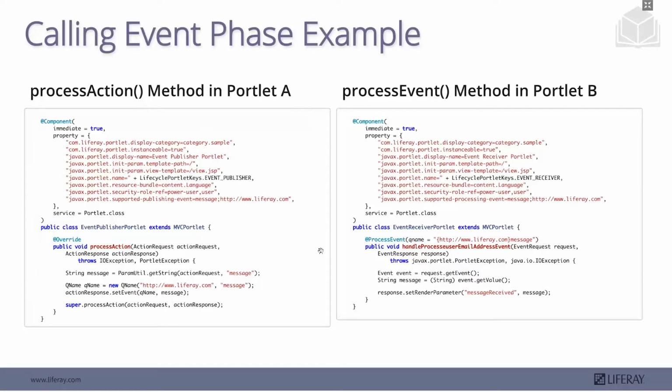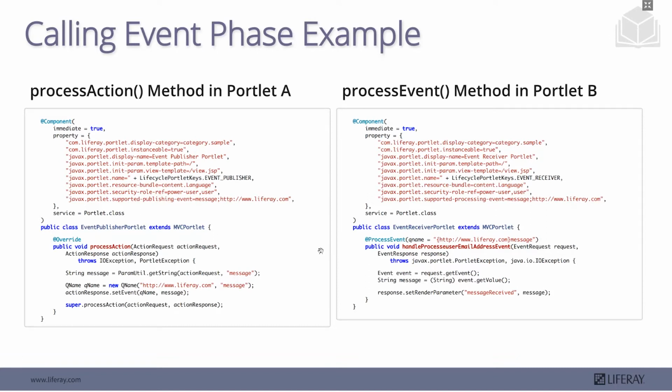Just as with the render and the action phase, the event phase also has a request object as well as a response object. And the process event method is the method that is used over in the Java side.